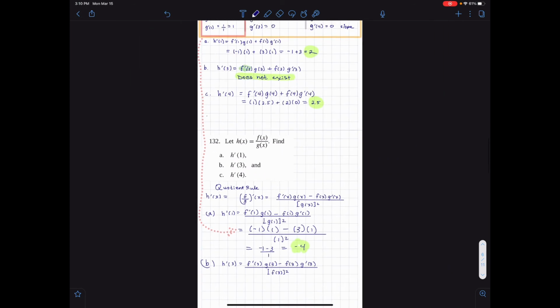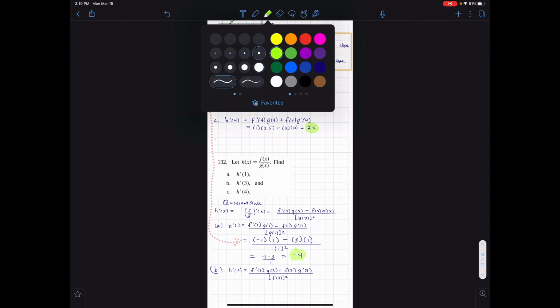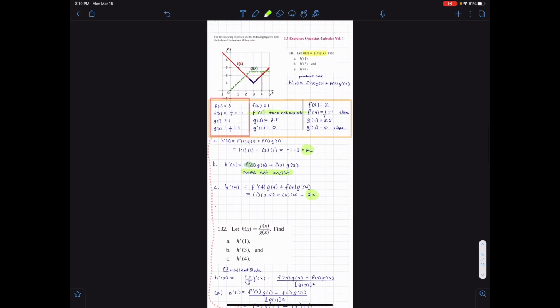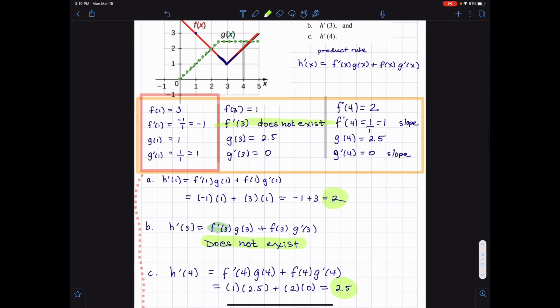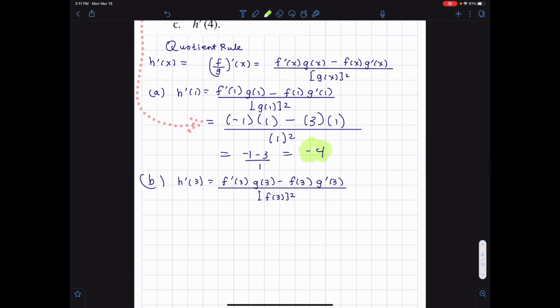So remember that, again, I'll highlight it here so we can make sure we see it. But see, f prime of 3 does not exist. I said undefined again, the correct word I think would be does not exist. And again, that was because at 3 we have this sharp edge.